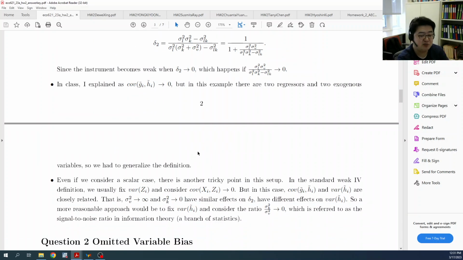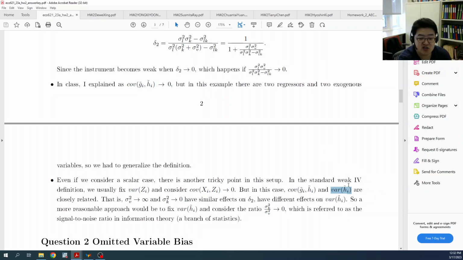And another thing, what's more important here is, even if you ignore the other variable and just assume there is only one endogenous variable, the covariance going to 0 causes another problem, because when the covariance goes to 0, the variance of the instrument will change together, right?